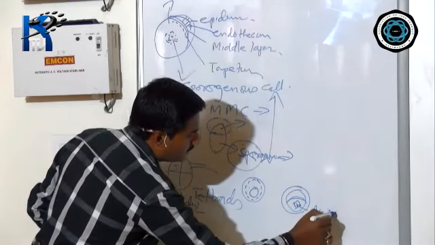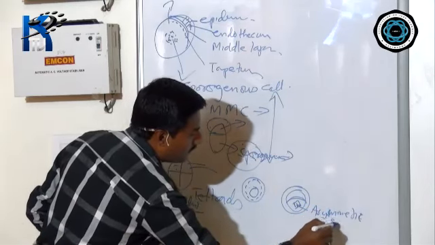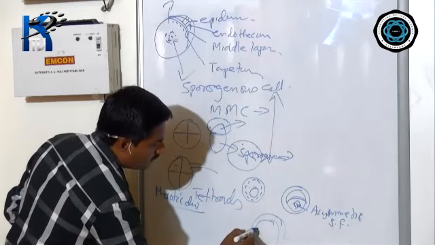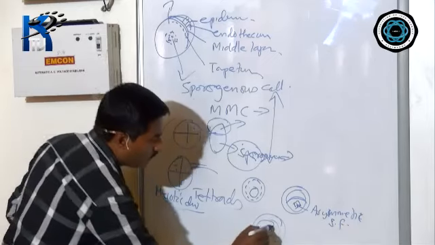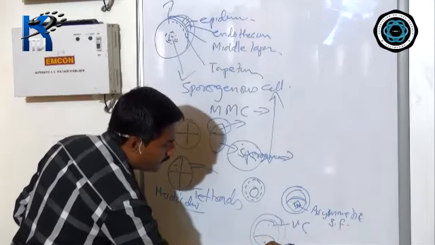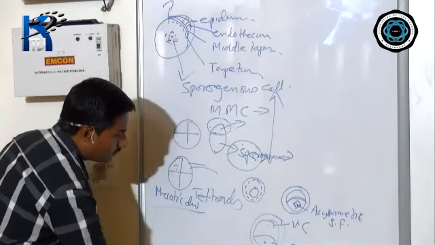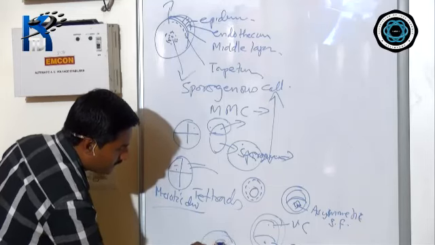Asymmetric spindle fiber. What will happen? One cell will be smaller, another cell will be bigger. You call it the vegetative cell and the generative cell. Then slowly you will find this structure getting formed.